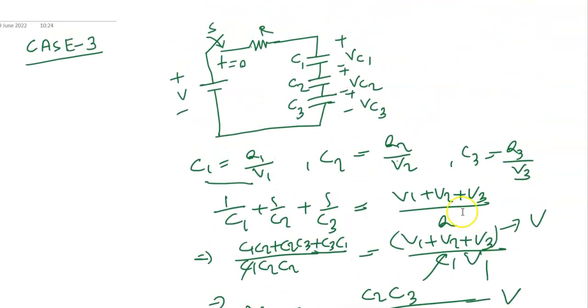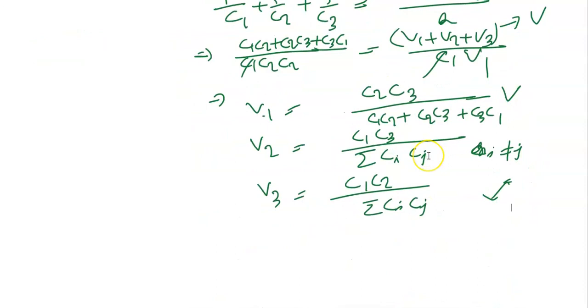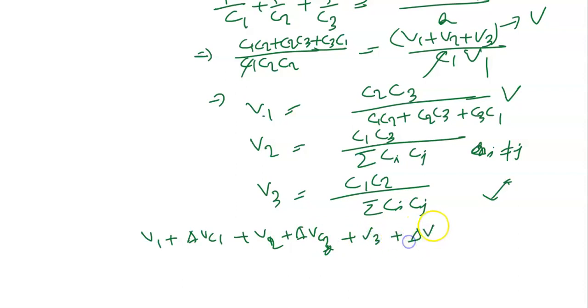And obviously if you have initial voltage, equate it to the applied voltage, like V1 plus del Vc1 plus V2 plus del Vc2 plus V3 plus del Vc3 equal to V, if applied voltage is there.